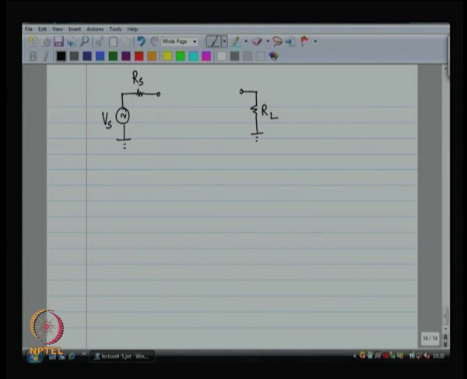Now, for maximum power transfer given R s, R L has to be equal to R s. This is for maximum power transfer. What if R L is not equal to R s? What do you do? Do you give up?